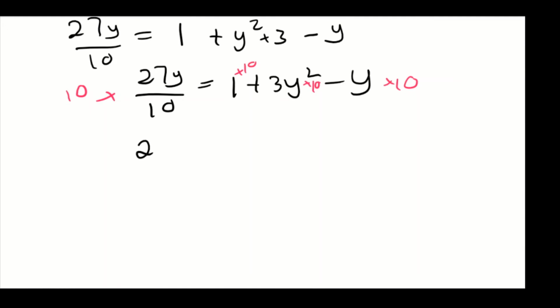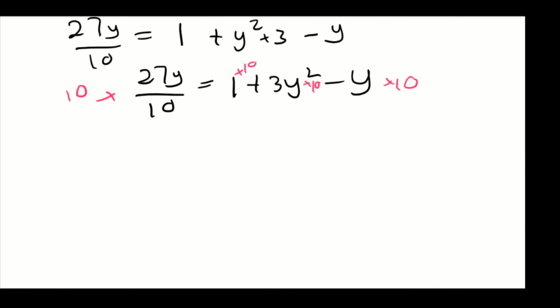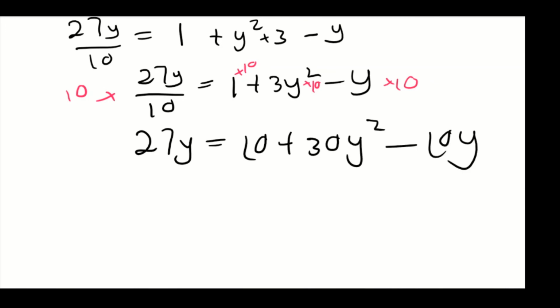So you're going to have 27y equals 10 plus 30y squared minus 10y.